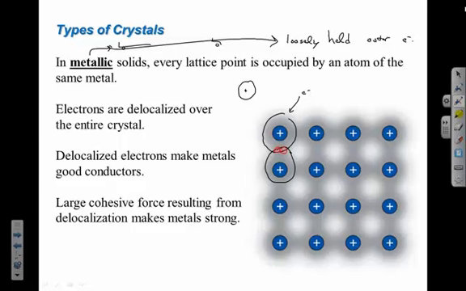They are just loosely held by one atom, so they're susceptible to being attracted to the positive charge of the neighboring atoms. And so what I create here is like a sea or ocean of electrons that flows readily over the entire sample of all the nuclei.